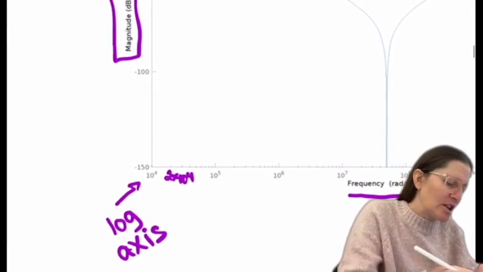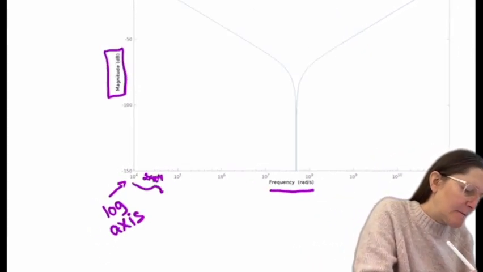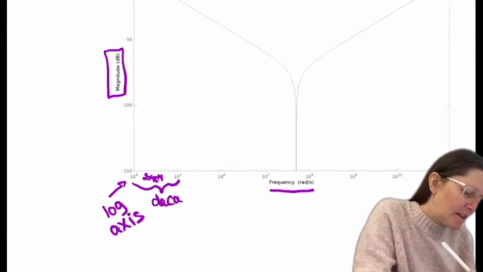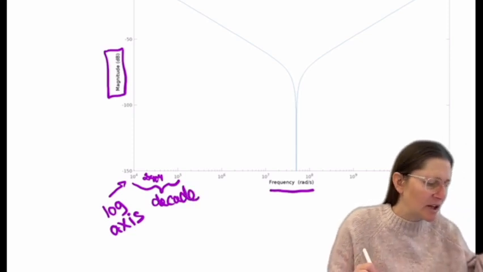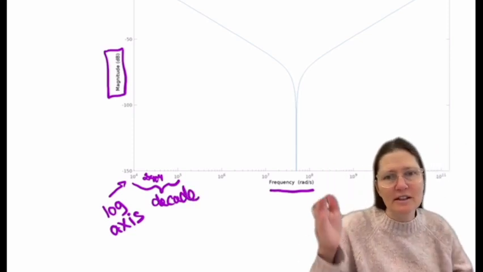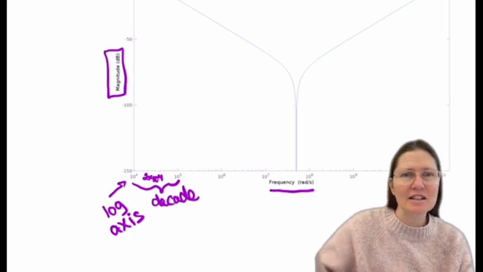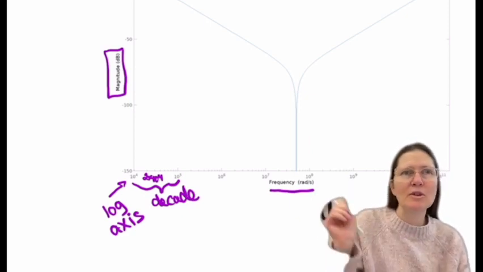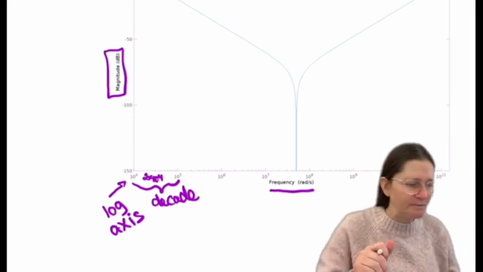And so these are each called a decade, and decades go by tens. So 10 to the 4th, 10 to the 5th, 10 to the 6th, 10 to the 7th, 10 to the 8th, and so on. That's how you label the main axes on these graphs.